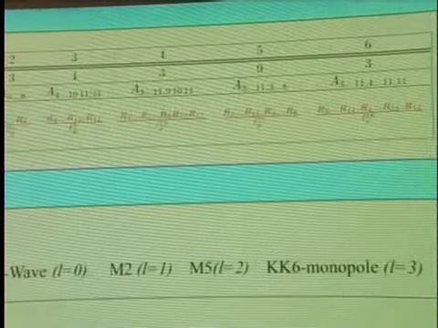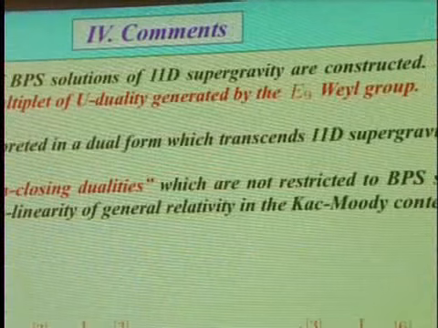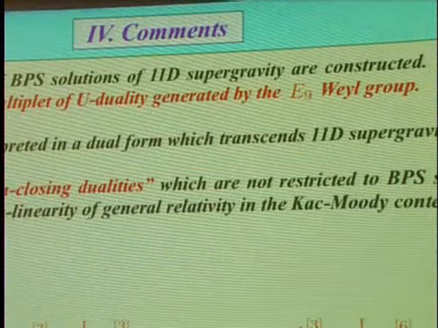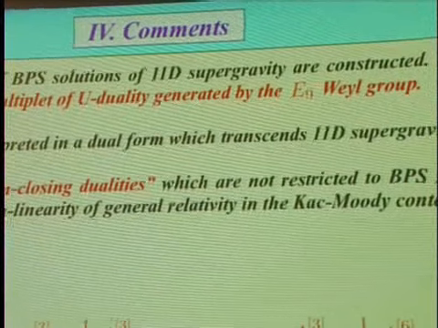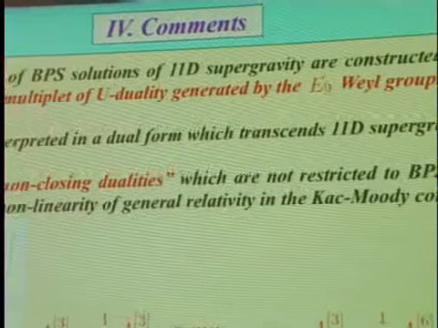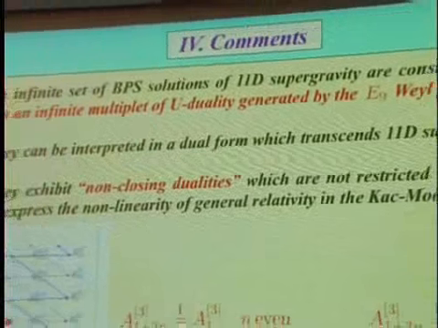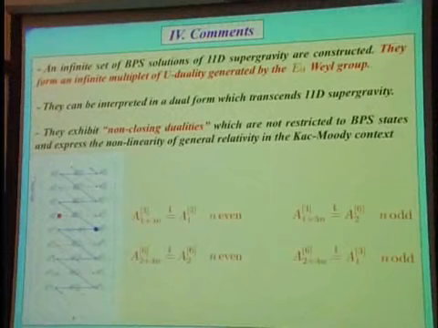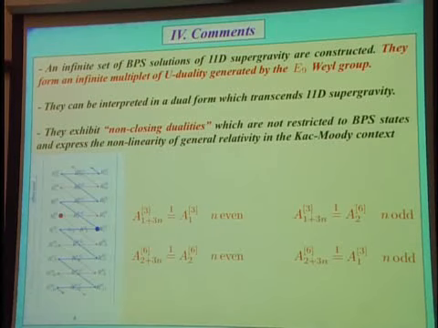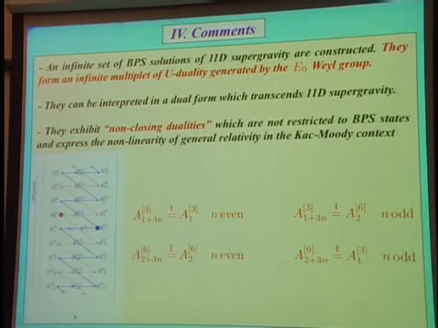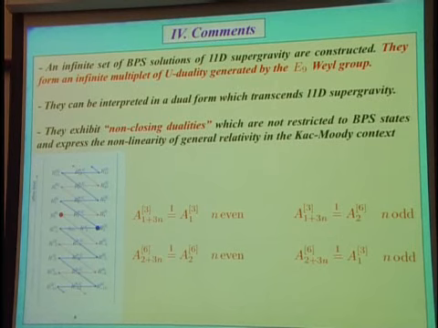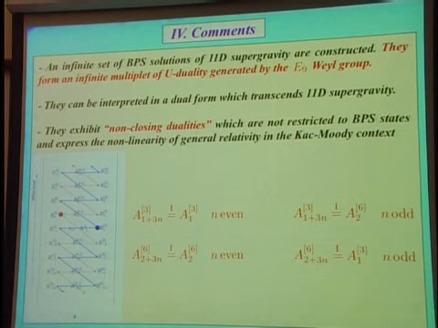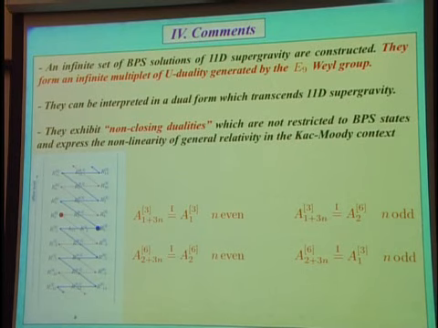So that is the result you get, and now I am at my last stage, and I want to summarize what we have. So we find an infinite set of BPS solutions of 11-dimensional supergravity, and these are an infinite multiplet of U-duality, which is generated by the E9 Weyl transformation, where E9, I repeat, is embedded in E10 in a regular way, and E10 in E11 also in a regular way.